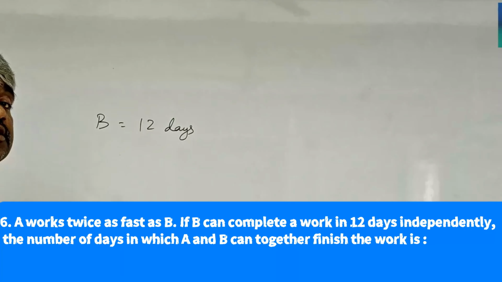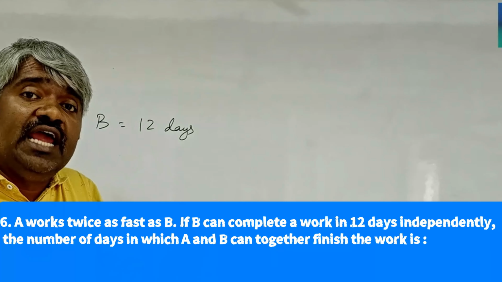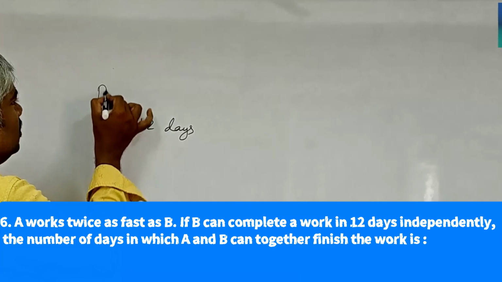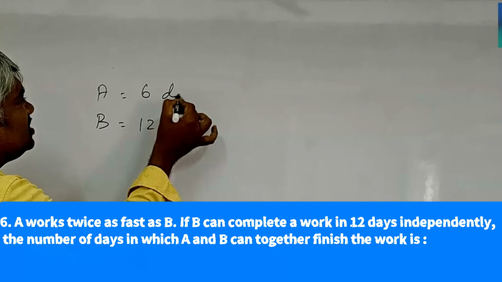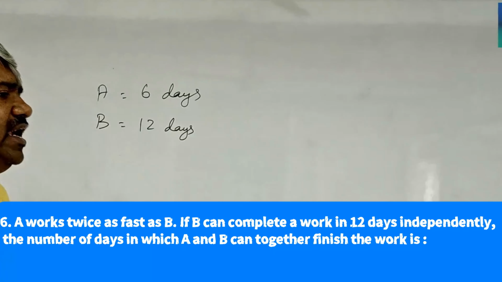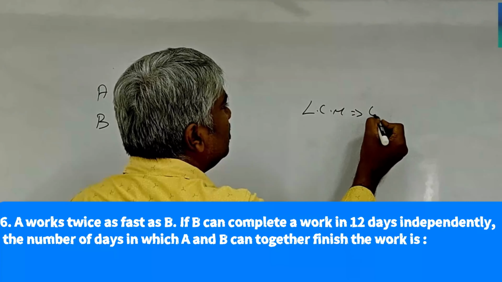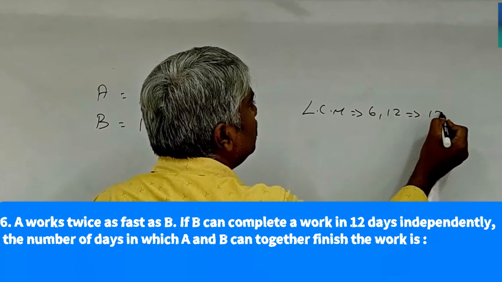Now we know that A is twice as fast as B, so the time taken by A will be half of B. Therefore, A takes 6 days to complete the work. Now you can find the LCM of 6 and 12, which is 12.